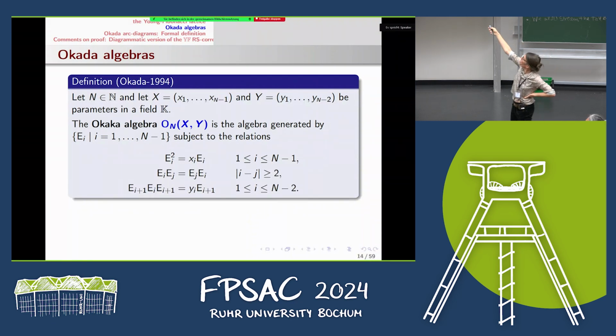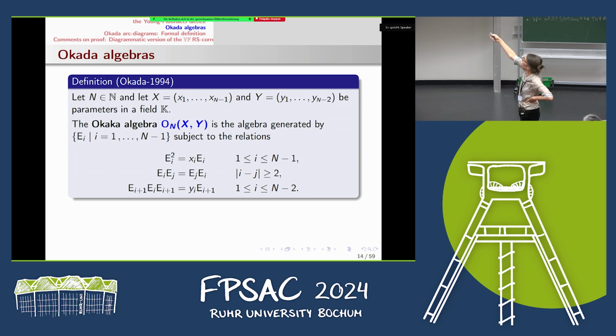So, here is what the Okada algebra is. We work over some field, which for the moment we can take to be the complex numbers. The algebra will depend on parameters, so capital X and capital Y are two sequences of parameters taken from this field.